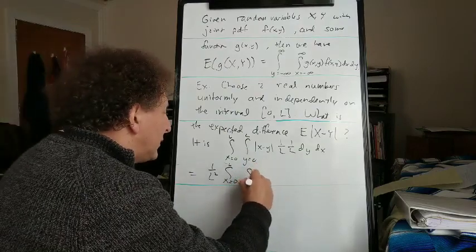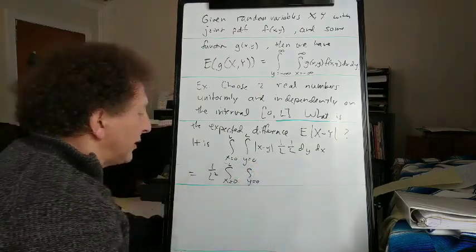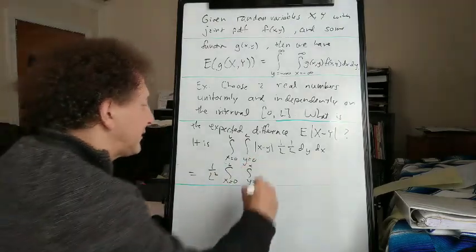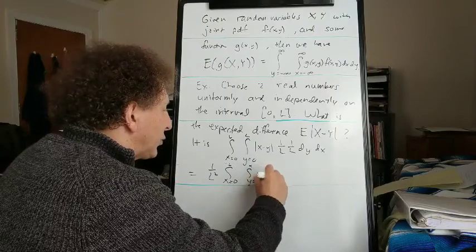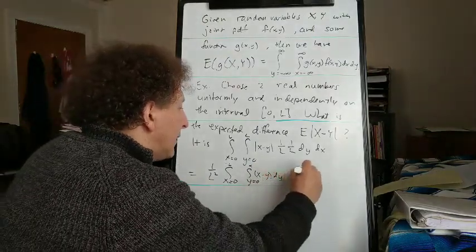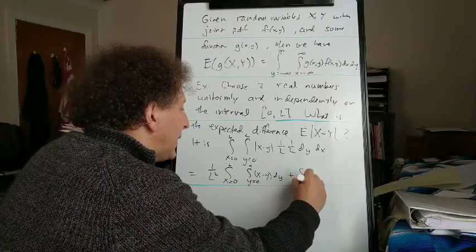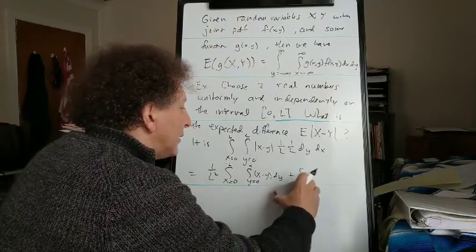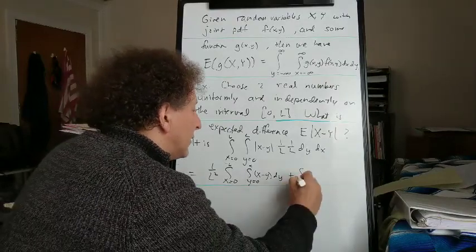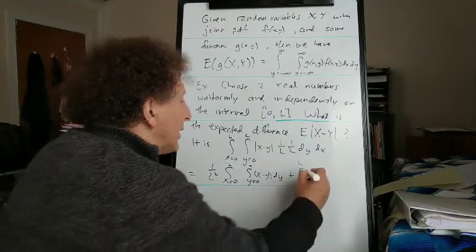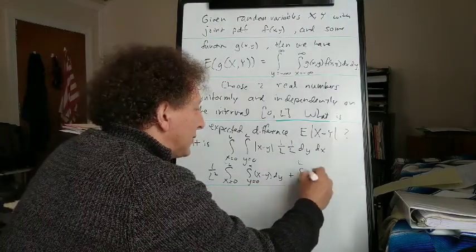So if we take the integral as y goes from 0 to x, meaning y is less than x, then this becomes just x minus y. And then if we take the integral as y goes from x to L, then the integral we want is y minus x, because y is the bigger one.